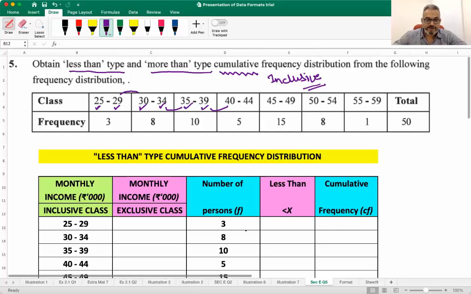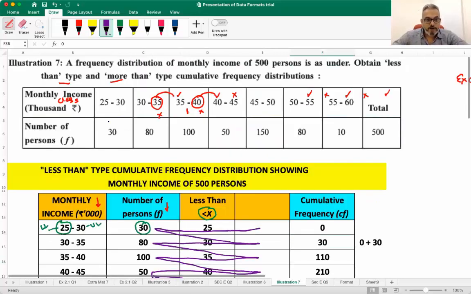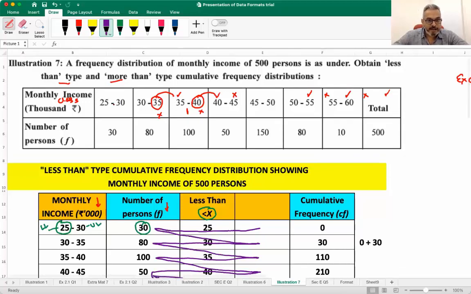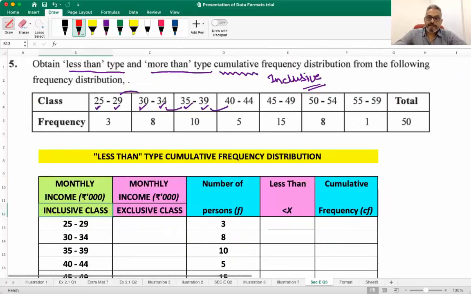But in previous sum, what we did was 25 to 30 में 25 लेंगे, but 30 नहीं लेंगे, 30 लेंगे बट 35 नहीं लेंगे, 45 लेंगे पर 50 नहीं लेंगे, 50 लेंगे पर 55 नहीं लेंगे. तो यहां पे इसे हम कहते हैं इंक्लूसिव फ्रीक्वेंसी डिस्ट्रीब्यूशन.